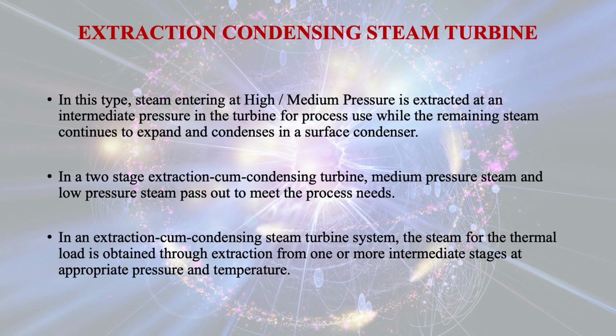In an extraction cum condensing steam turbine system, the steam for the thermal load is obtained through extraction from one or more intermediate stages at appropriate pressure and temperature. The remaining steam is expanded in the turbine.